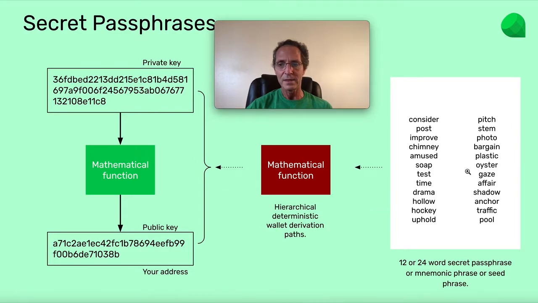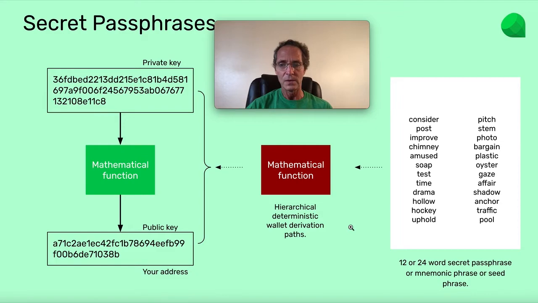with the same 12 or 24 words, you can create many, nearly infinite, an infinite amount of private and public key pairs. And not only that, but you can have addresses on Bitcoin, Ethereum, Ethereum Classic, and other blockchains where you have your crypto assets from the same set of 12 or 24 words.